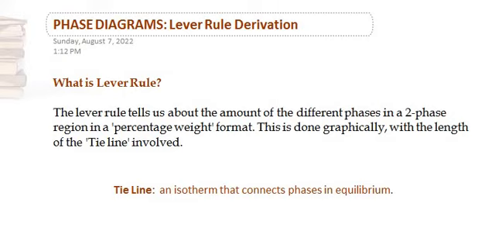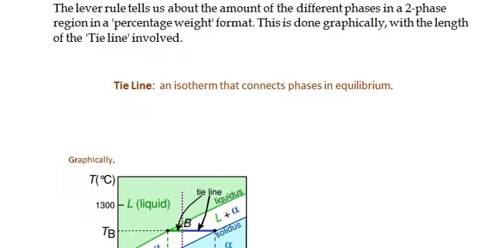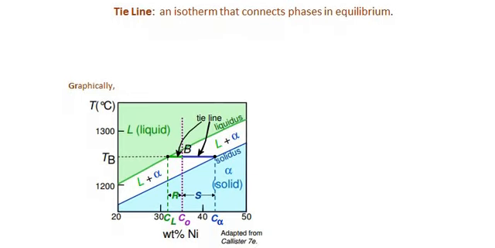In case you're wondering, a tie line is an isotherm that connects phases in equilibrium. So I'm going to show you a graphical representation of a binary phase system, which is adapted from Callister's textbook of material science and engineering.